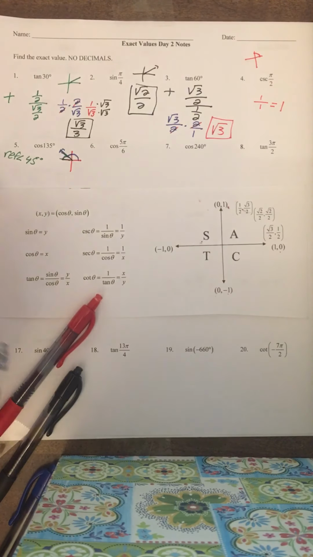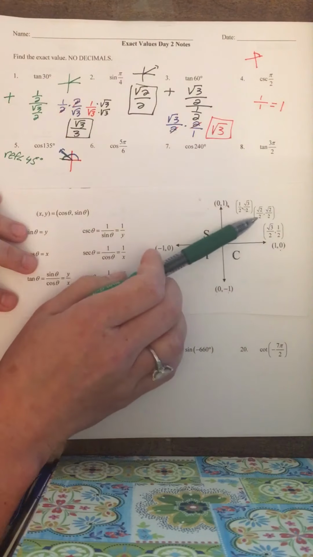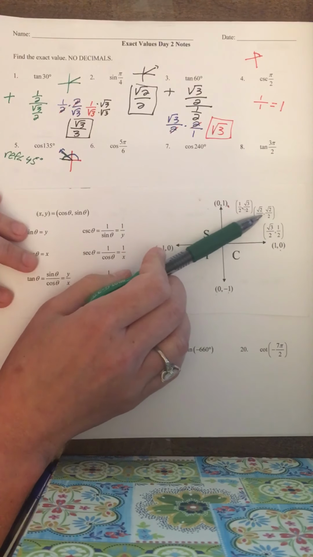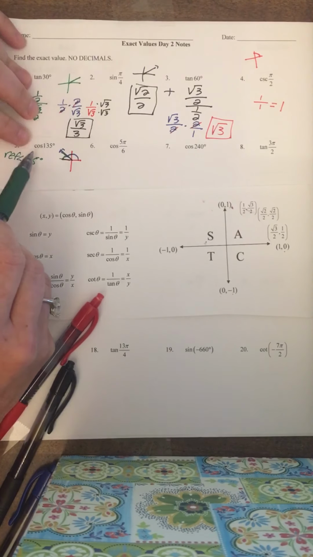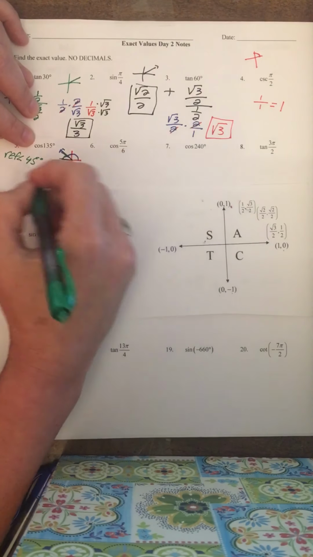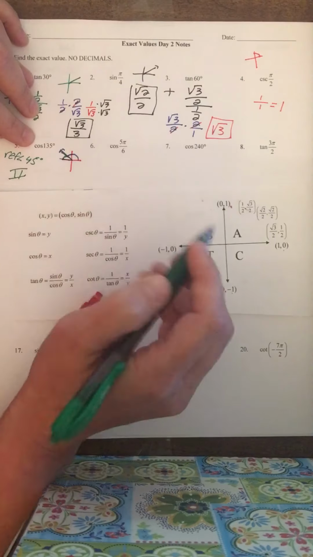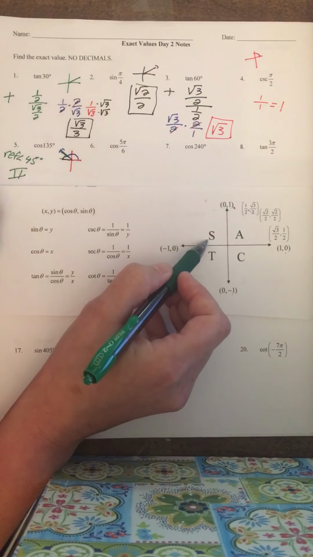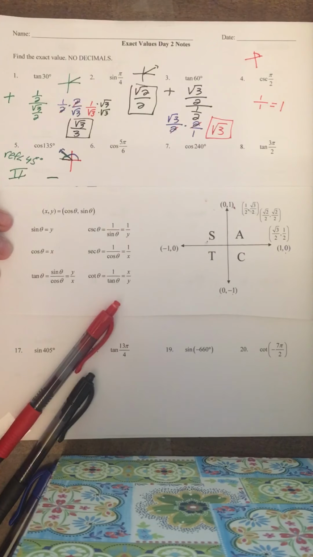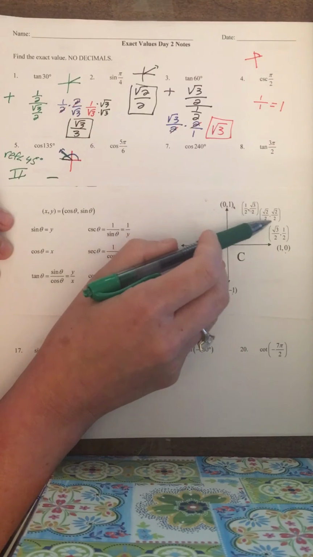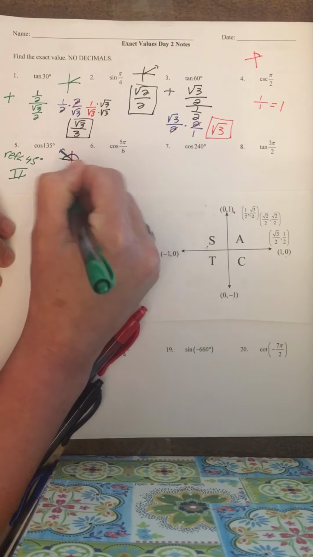Since our reference angle is 45 degrees, we are going to look at the square root of 2 over 2, square root of 2 over 2, because that is our 45 degrees. We also need to say we are in the second quadrant. So in the second quadrant, only sine is positive, which means the cosine is negative. So our answer will be negative. And the cosine goes first. So which one goes first here is square root of 2 over 2.